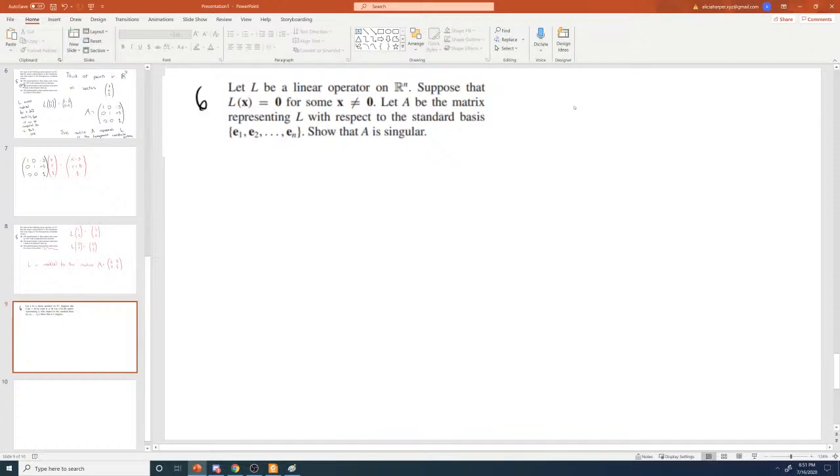Well, if L of x is equal to 0, then Ax is equal to 0.